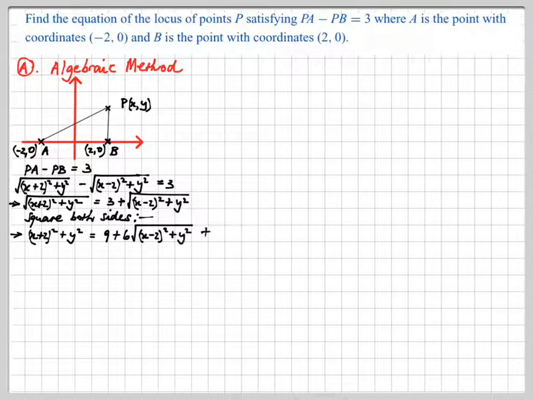Now, there's the left-hand side squared, no problem. I just took the square root sign away. The right-hand side is a compound term. Some of you are tempted to just say 3 squared plus the square root thing squared. Well, it isn't that. Remember, what is (A plus B) all squared? It's A squared plus 2AB plus B squared, isn't it?